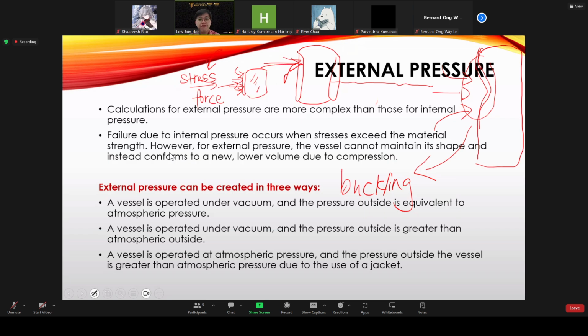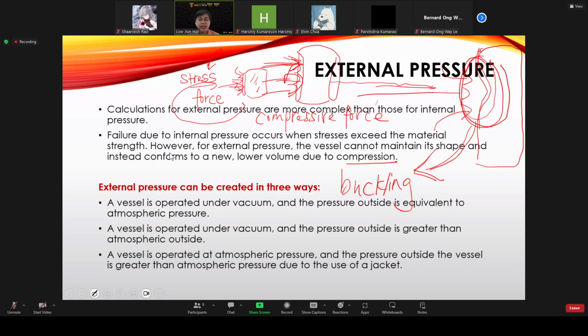And the force here can be considered as a type of compressive force, or we call compression. And this compressive force or compression will try to push the outer surface, resulting in deformation. And this kind of deformation is known as buckling.